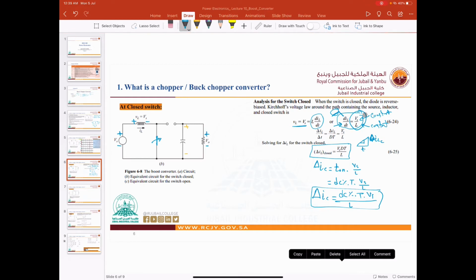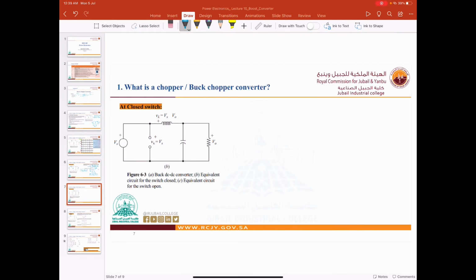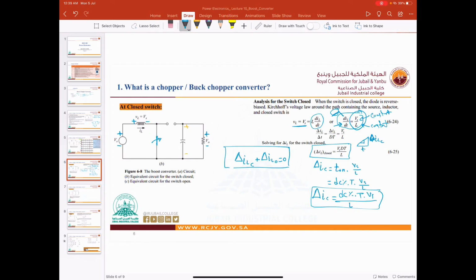Now this is the formula for the closed switch. Of course, we need to reach steady state, shabab. Remember, delta IL close plus delta IL open is equal to 0. This is our steady state assumption. So let us go for the open switch. And this is for the closed switch.